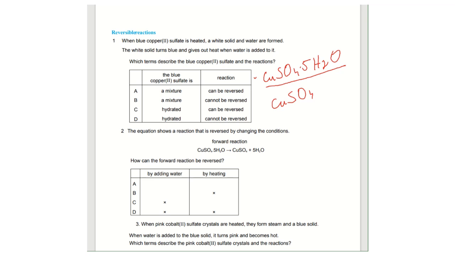So the reaction can be reversed. So this choice will be B, because when you add water, this reaction can be reversed. If you heat the solid, it will change into anhydrous copper sulfate and water escapes. When you add water, heat will be given off and this will return.